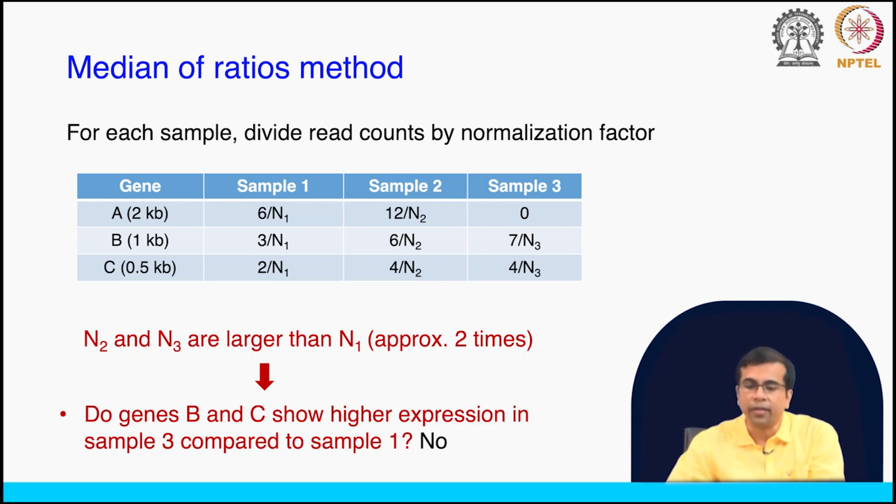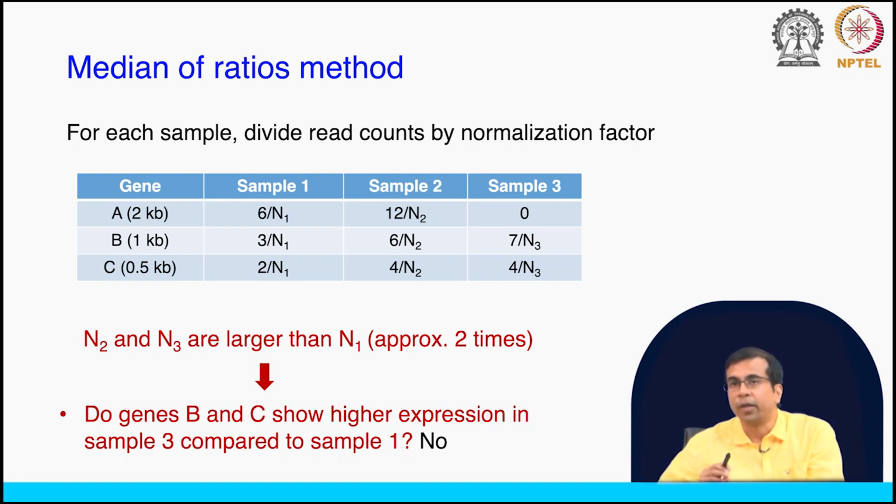So, if you now look at gene B and gene C here, if N2 and N3 are 2 times larger than N1, once you have completed these divisions, 3 by N1 will be almost similar in value to 7 by N3, and similarly 2 by N1 will be very similar to this 4 by N3 value.